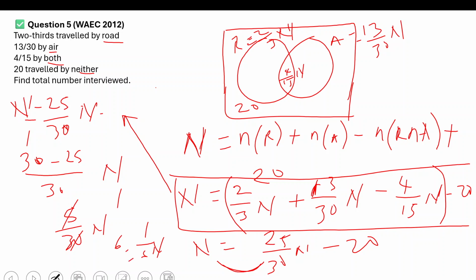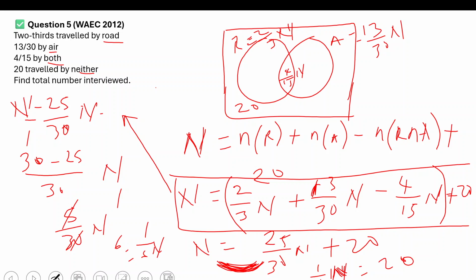Okay. So having gotten this difference, n minus 25 over 30 n, as 1 over 6n, I can come here. This is going to be a plus because there's a plus here. So I will say 1 over 6n is equal to 20. So I can multiply both sides by 6 to get n.